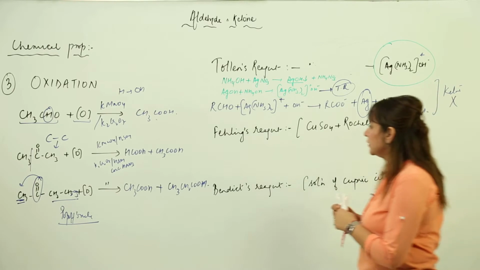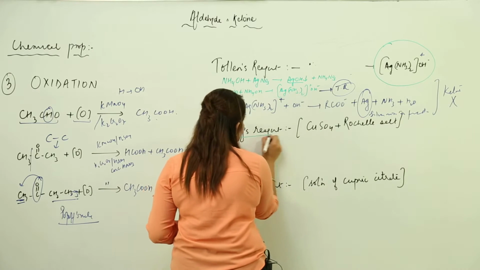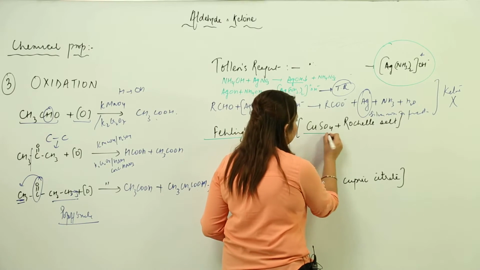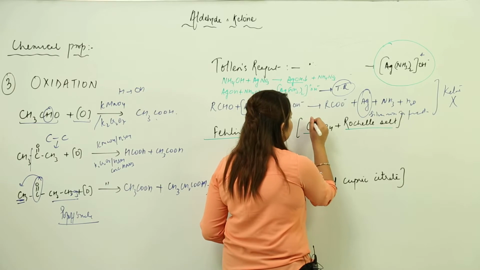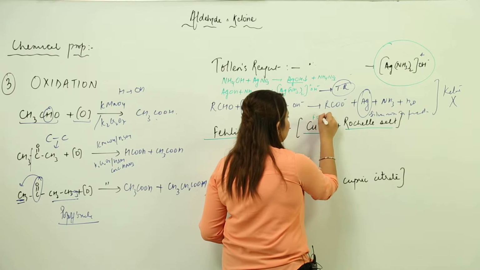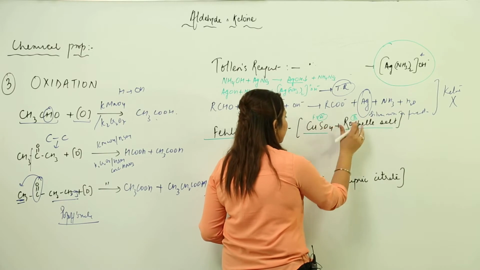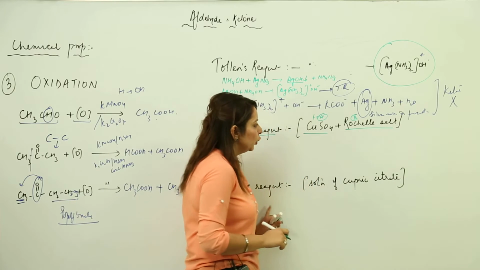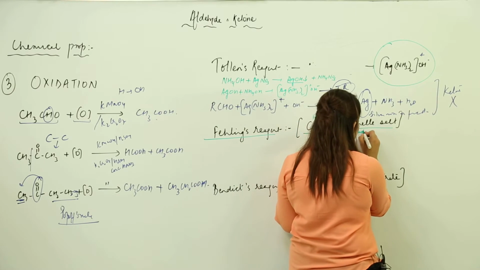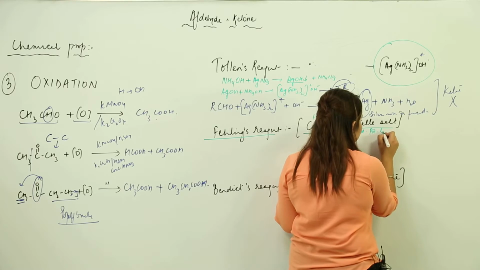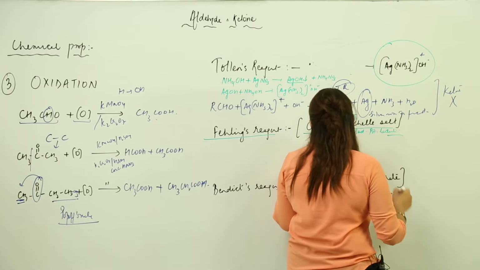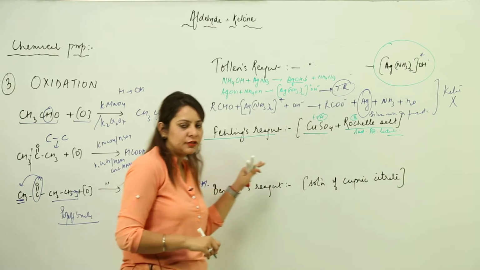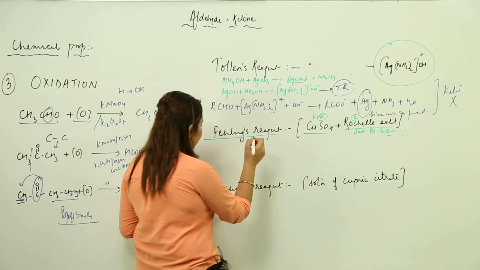Second is Fehling's reagent. Fehling's reagent is a mixture of copper sulfate and Rochelle salt. We have Fehling's solution A and Fehling's solution B, and we just mix them to get Fehling's reagent. Rochelle salt is sodium potassium tartrate. So we can also say it is a complex of copper sulfate and tartrate.